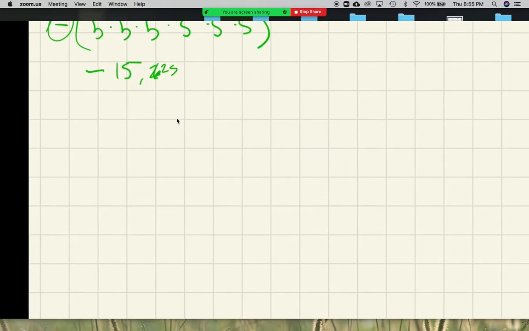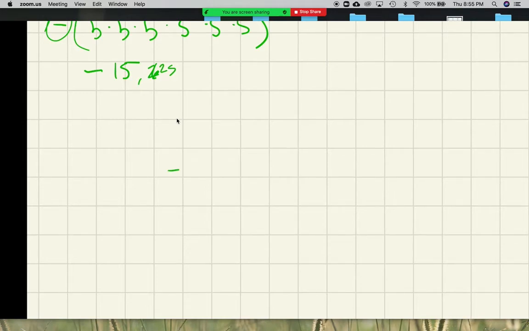So if you have negative x to the 5th, the way that you should think of it is negative x to the 5th, where the negative's on the outside of parentheses. And it's not the same thing as negative x in parentheses and then to the 5th.